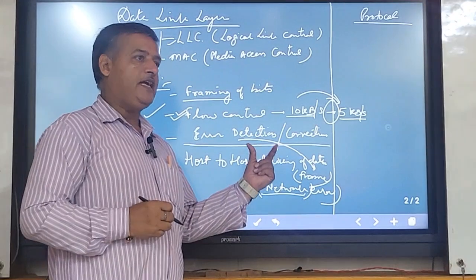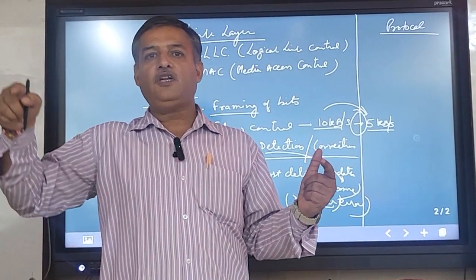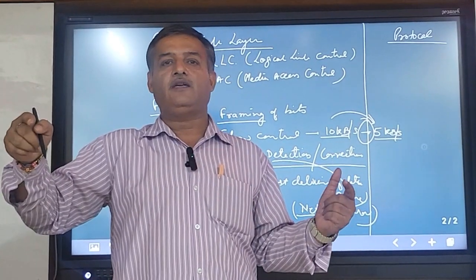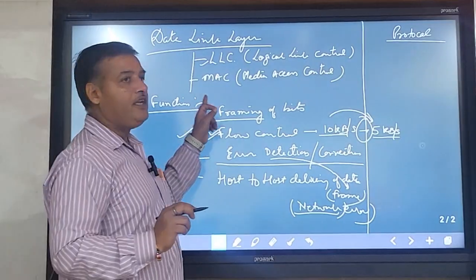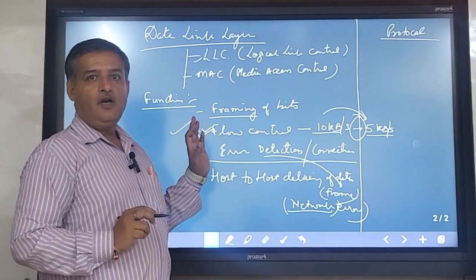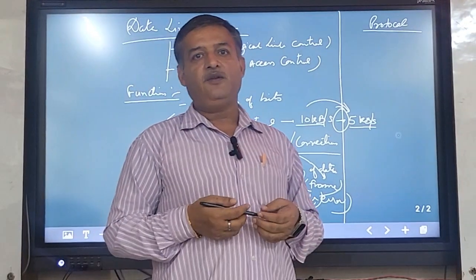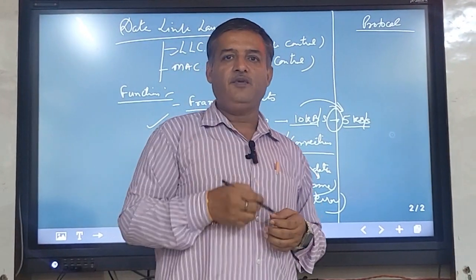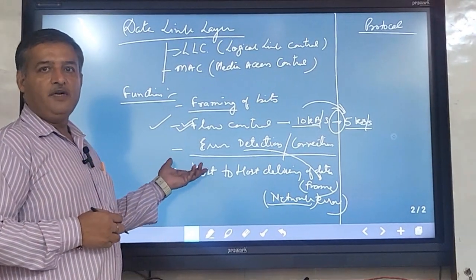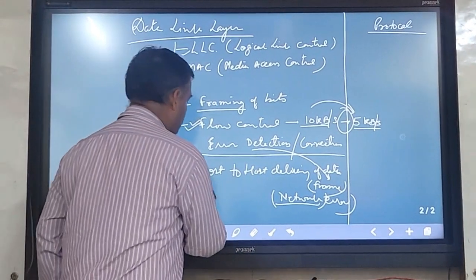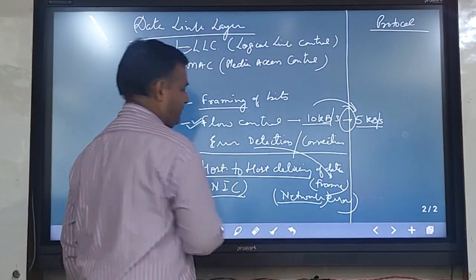To transmit data from the sender NIC card up to the receiver NIC card is the responsibility of the data link layer. When the application level is to be considered, then we have to come to the transport layer, and we will discuss that topic. Yesterday I told you it was end to end, but now I am saying that up to the NIC level, it is host to host communication.